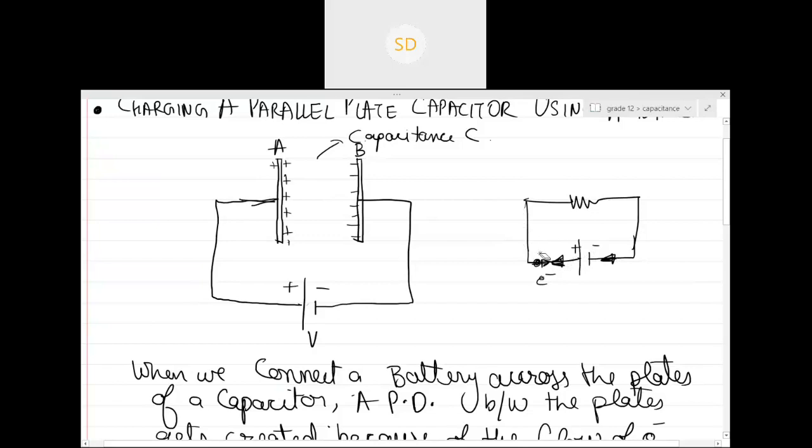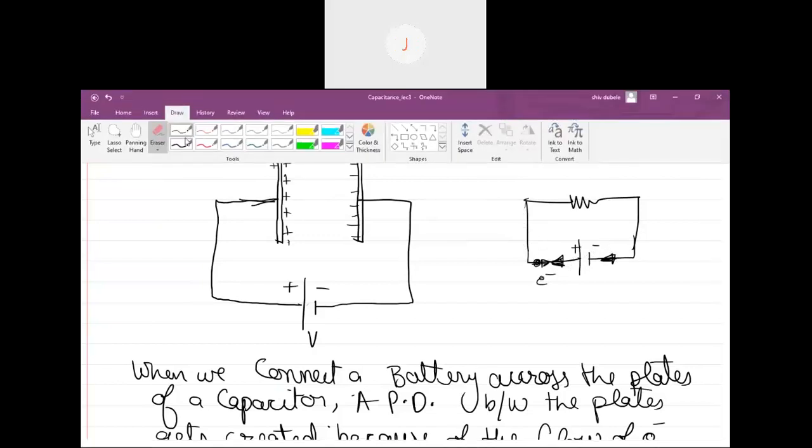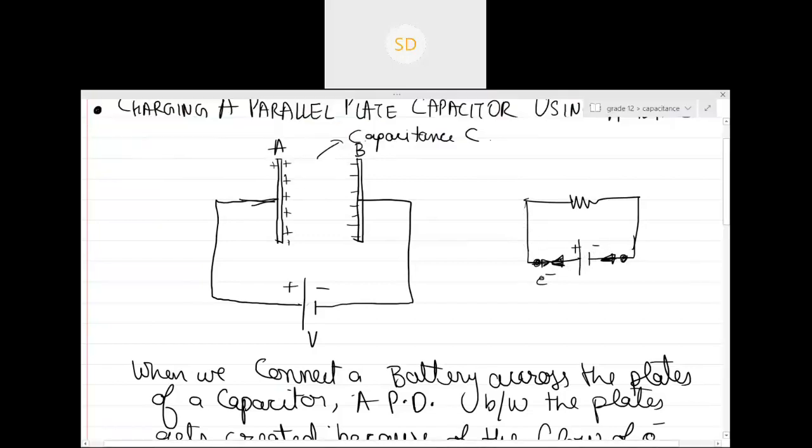What was the direction of flow of electrons, clockwise or anti-clockwise? Anti-clockwise. The electrons were flowing anti-clockwise like this. This was the flow of electrons. Here also the electrons will flow like this. So when electrons leave this surface, it becomes positively charged, and when electrons go over here, it becomes negatively charged. Basically, I told you it's analogous to this.